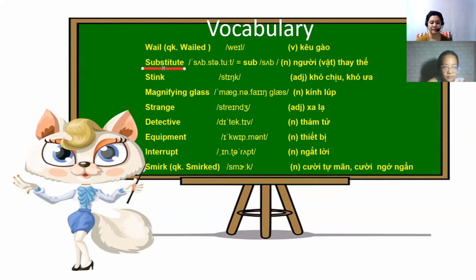Do you know the meaning of the word substitute? Yes. All right, good job if you know the meaning of that.